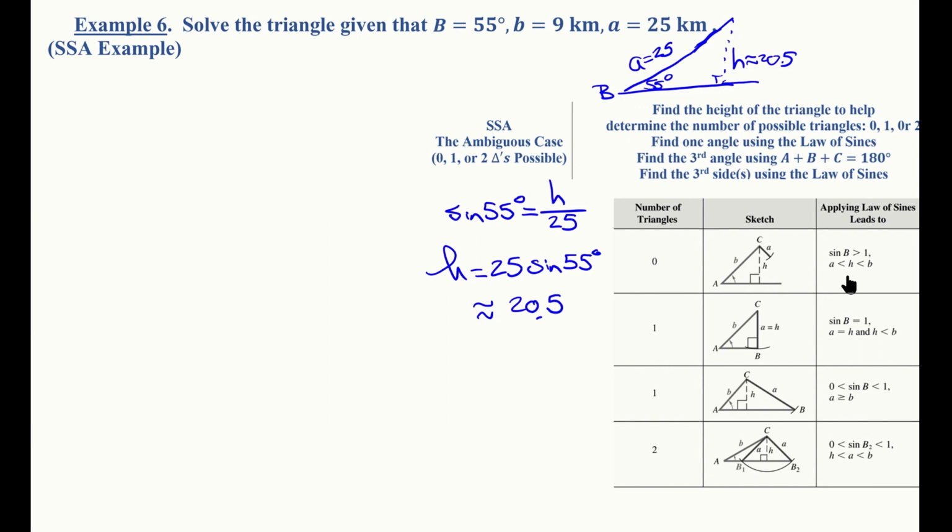And notice how the value of h, which is 20.5, falls exactly between A and B. Okay, 20.5, notice, is exactly between A and B. When this happens, the location of those doesn't make any difference, because B here is a 9, and this is, remember, h.